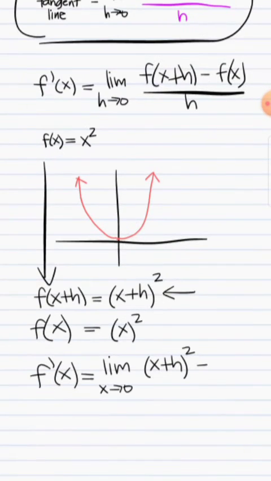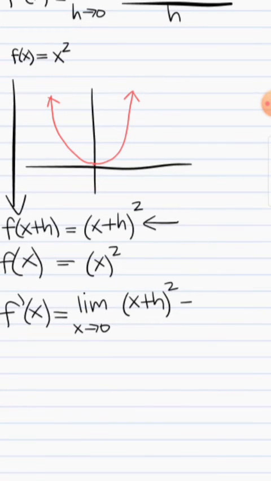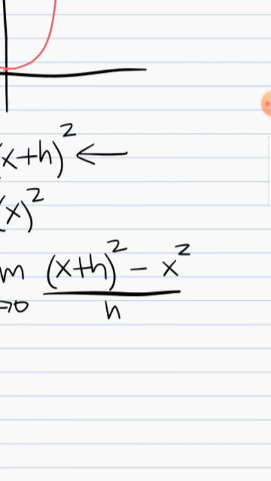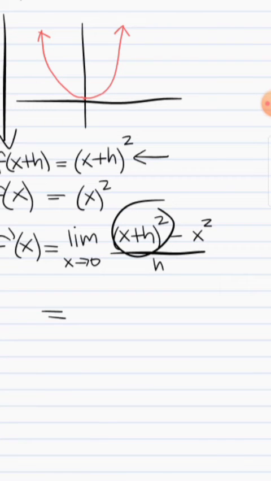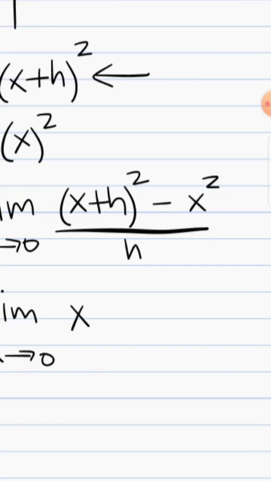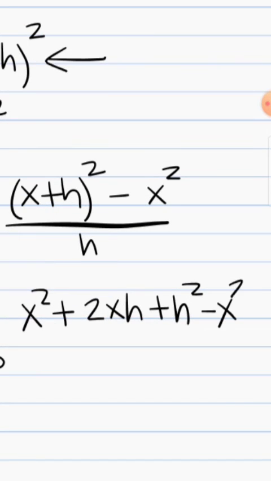So that's going to be minus x squared all over h. So if we expand this one, we're going to get x squared plus 2xh plus h squared minus x squared, all over h.